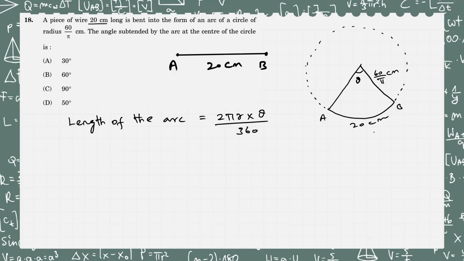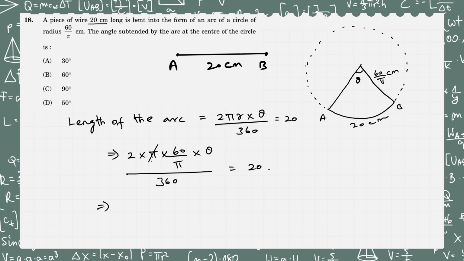Now we know 20 centimeters is the length of the arc AB. So that we can write here. We know what the radius is also. So 2 into pi into radius is 60 by pi and theta is unknown, whole divided by 360, this should be equal to 20, correct?